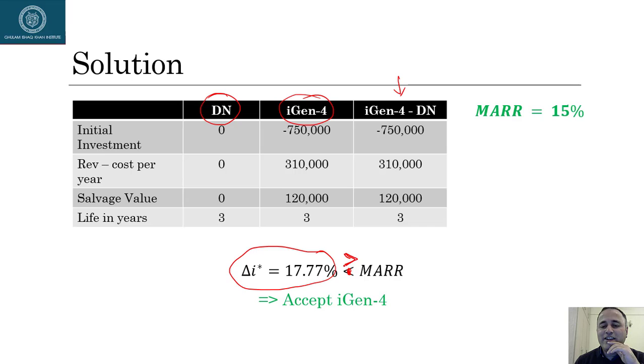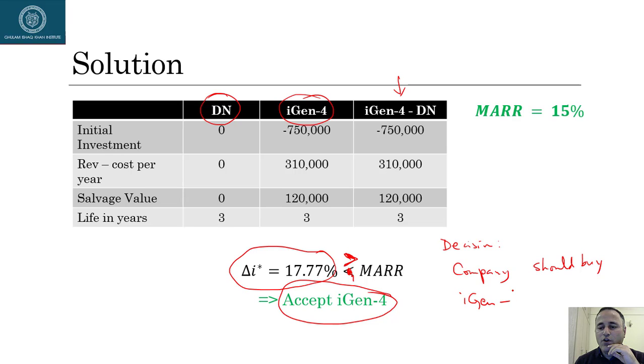So that's why we accept printer number 4. So the company, the decision is: the company should buy the iGen 4 printer.